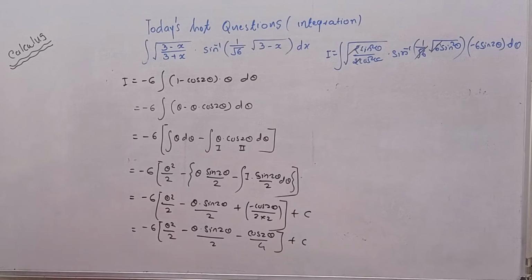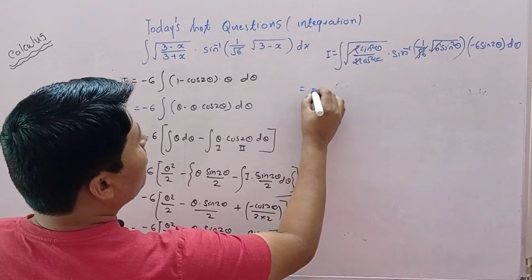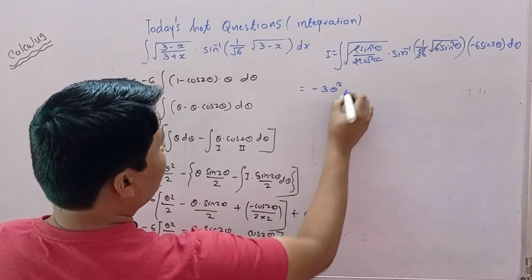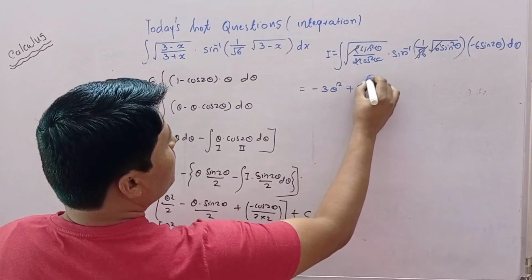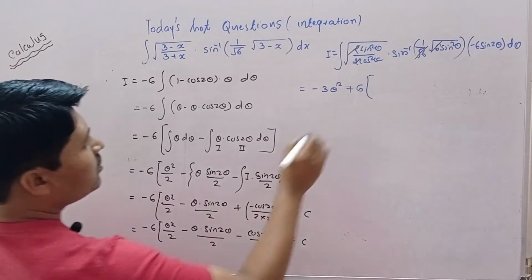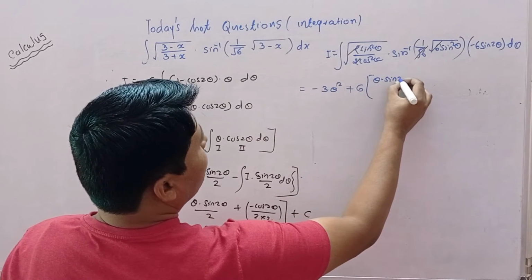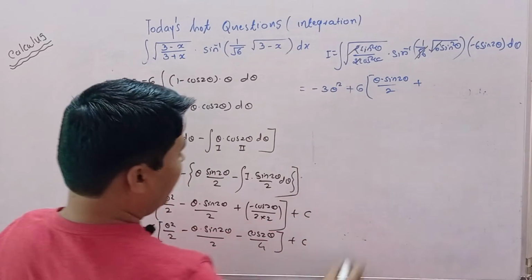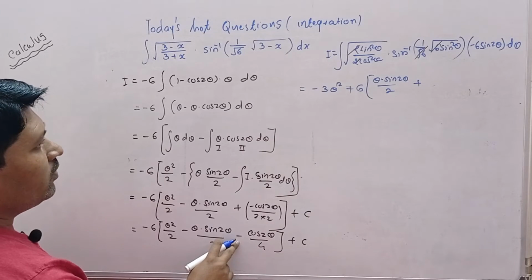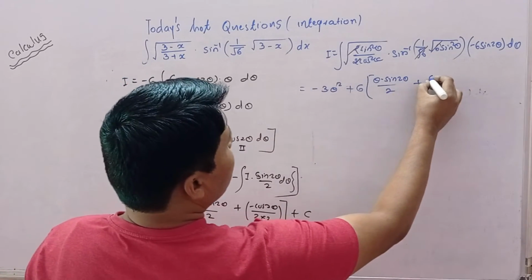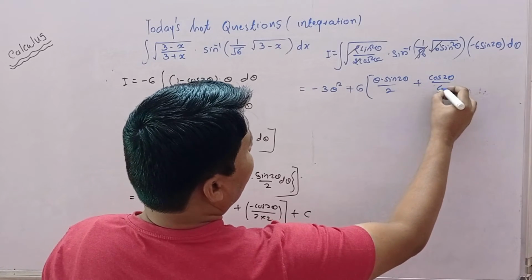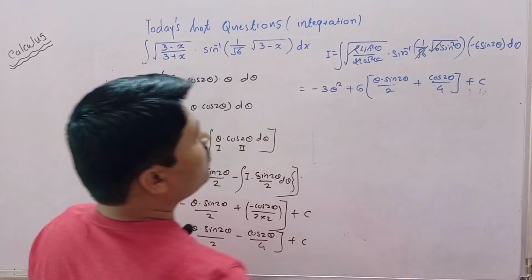Now observe, we can multiply throughout by minus 6, and we get minus 3 theta squared minus 6 in bracket, the term theta into sin 2 theta divided by 2, and minus minus gives plus, then plus cos 2 theta divided by 4.